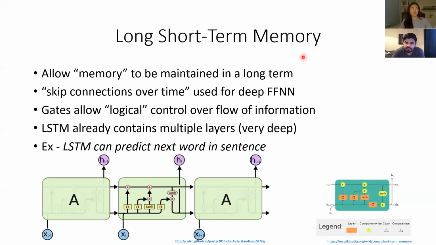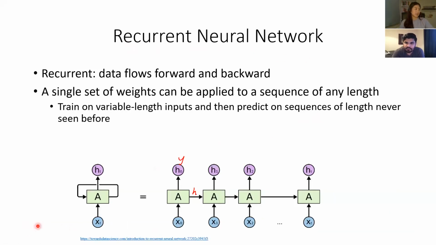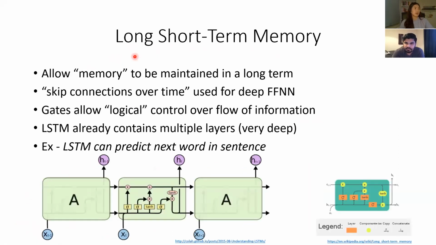It's the same as the cell here, the memory cell, but the beauty of the LSTM is that it can hold a long-term memory. I probably have to talk about the forget gate, input gate, and output gate, but I'm not going to do it here, just a really high-level overview.